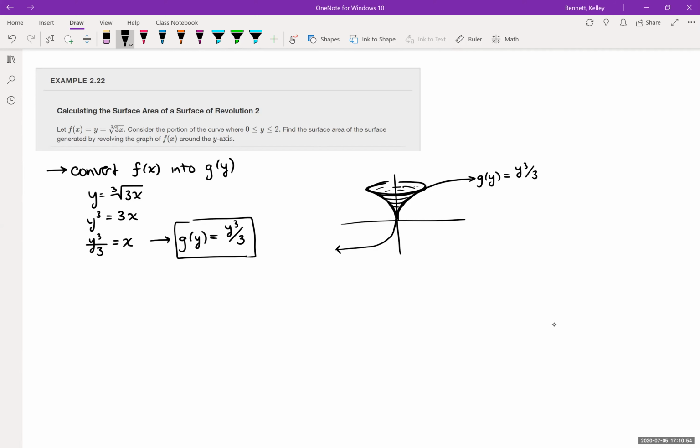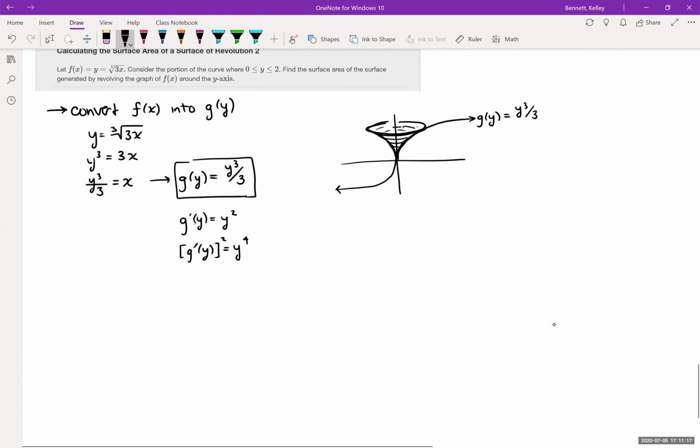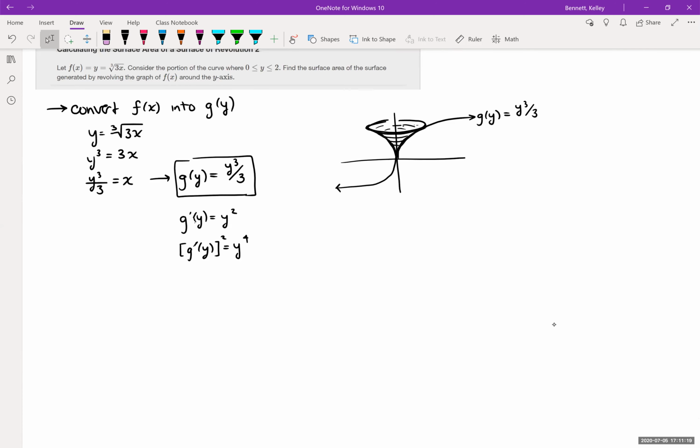So in order to compute this surface area, we need to know what g prime of y is. So we're just going to get 3 comes out, cancels, so we get y squared. So g prime of y quantity squared equals y to the 4th. And now we can kind of just put it all together. So we're told that y goes up to 2.